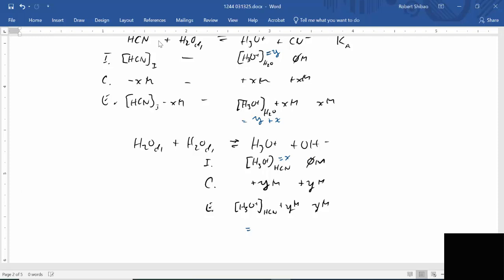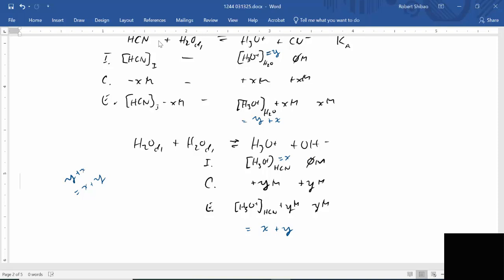And down here, the hydronium generated from HCN is X, and this is going to be X plus Y. So do you see that the hydronium will be equal simultaneously, because Y plus X is equal to X plus Y? And so we have equal hydronium. And so this is what I mean by simultaneous. These two equilibria will simultaneously have exactly the same amount of hydronium, and therefore it's not going to perturb things. Do you see that?